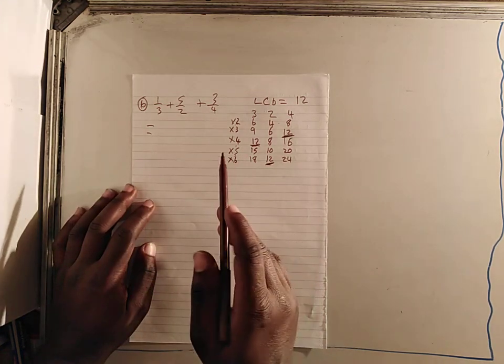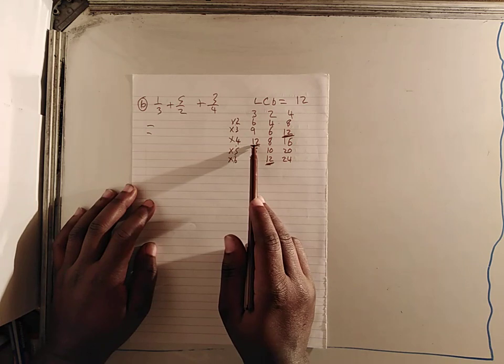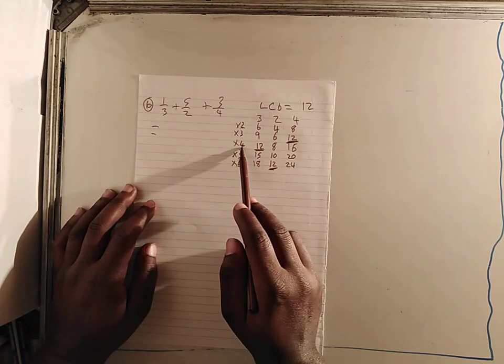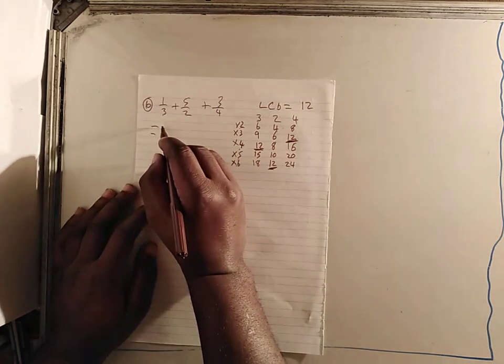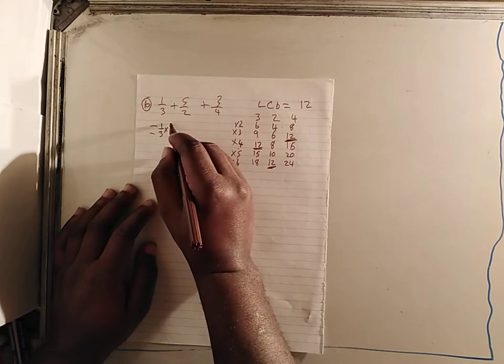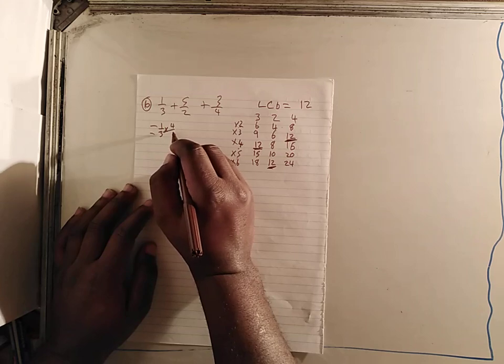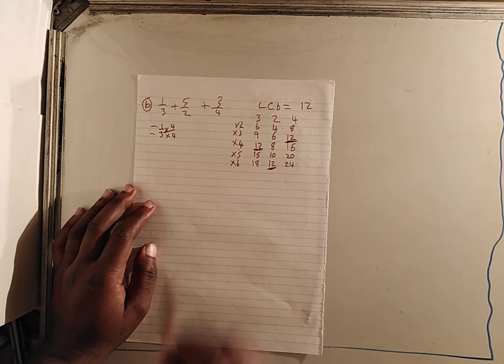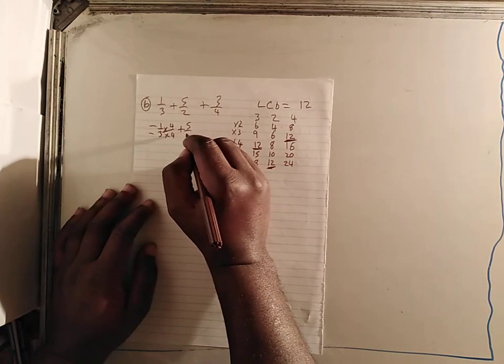Okay, so now how do I turn 3 into 12? I multiplied by 4. So because of that, I will then say 1 over 3, times 4 over times 4, and then plus 5 over 2.